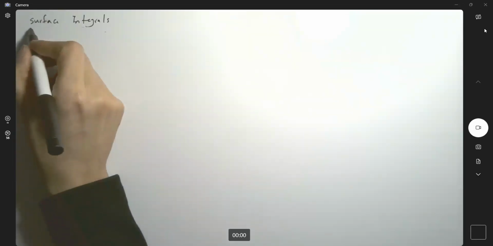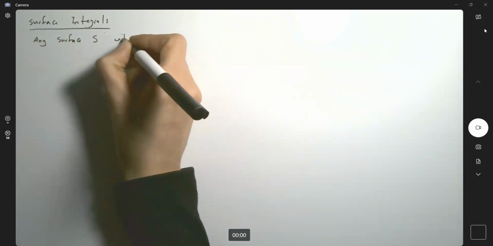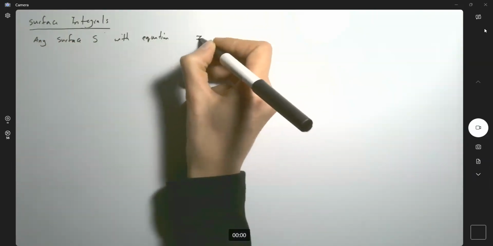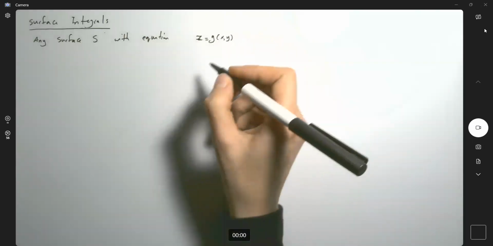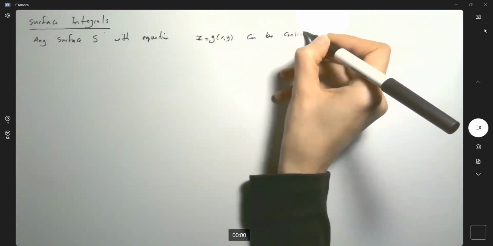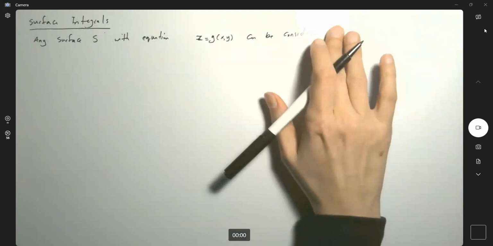When it comes to surface integrals, sometimes you're able to write down z in terms of x and y. So any surface S with equation z equals g of x and y can be considered as a parametric surface.